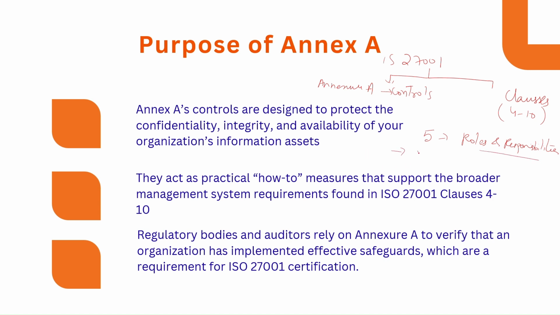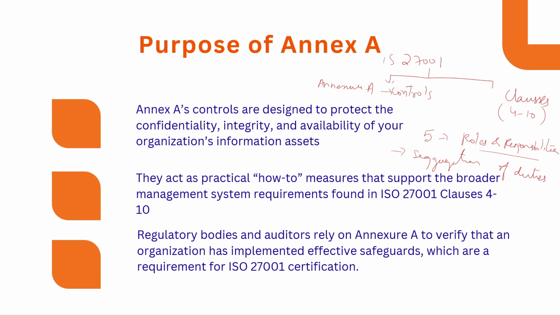Annexure A will say, have segregation of duties. So when you have segregation of duties, automatically the roles and responsibilities will be defined. In a nutshell, the clause is all about what exactly needs to be done, and the annexure is about how to do it.